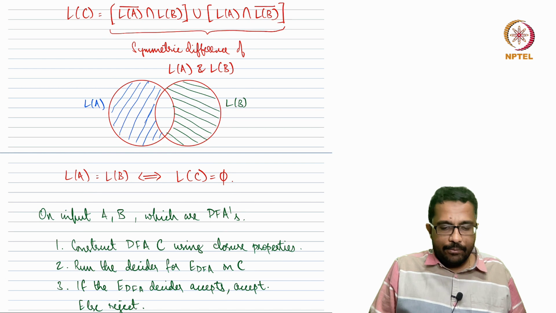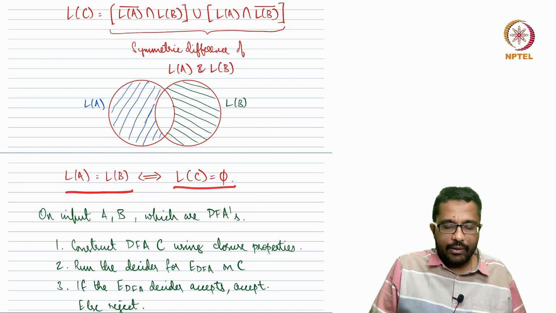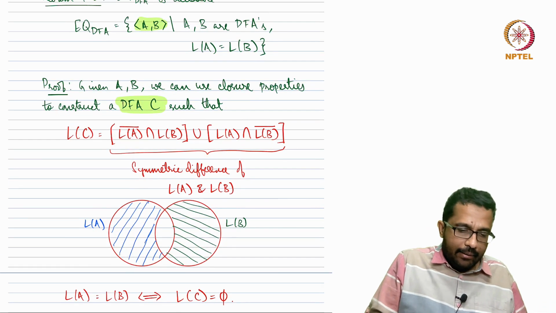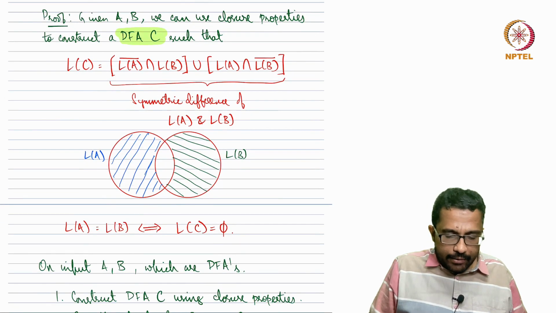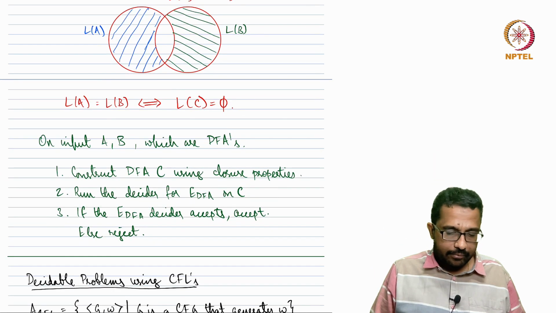If L of C is empty, we accept, because if L of C is empty, we know that LA is equal to LB, which means it's a yes instance, right? The question was whether the two DFAs recognize the same language. If L of C is not empty, then you reject, because that means that L of A is not equal to L of B.